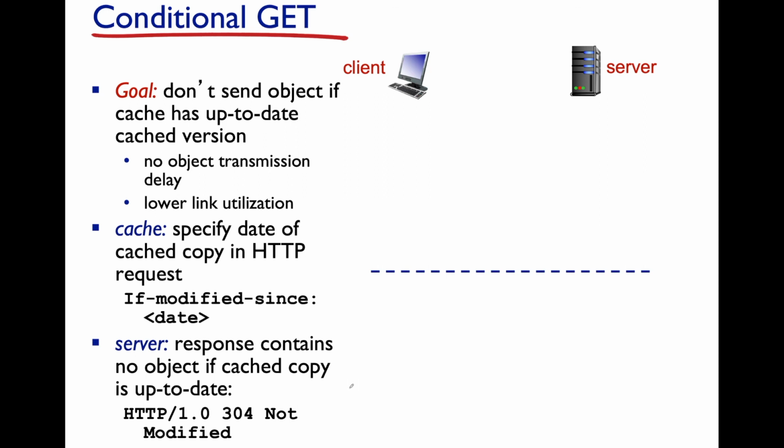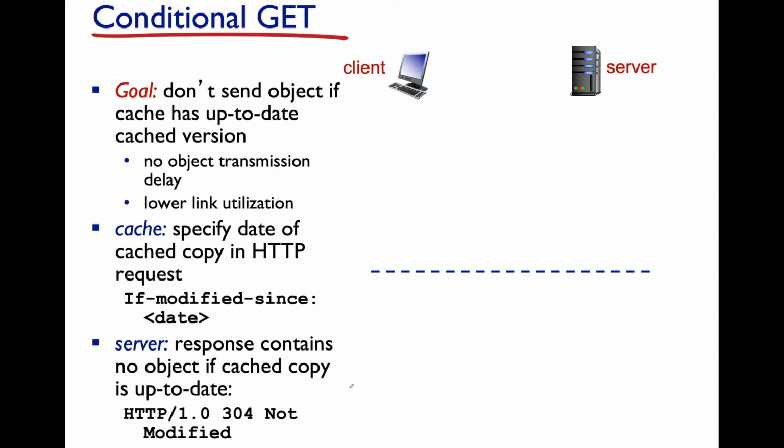And this date is the value associated with the if modified since header line entry. So our goal is don't send the object if the cache has an up-to-date cached version. And if you don't send the object, there's no object transmission delay. You're not encoding the bits of that object, and they can be quite big, like JPEGs and images. And this results in lower link utilization.